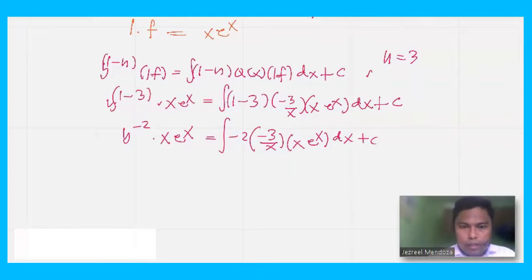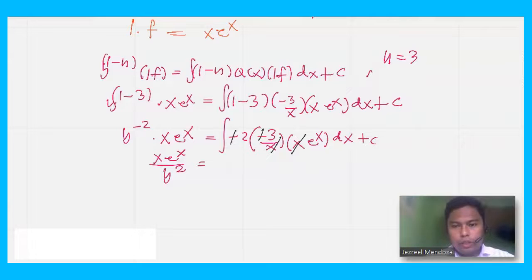And then this can be simplified as x e to the x over y squared is equal to this one. This can be positive, and then this is 6. Okay, then the integral of this can be cancelled out. Okay, positive, and then this x cancelled out.